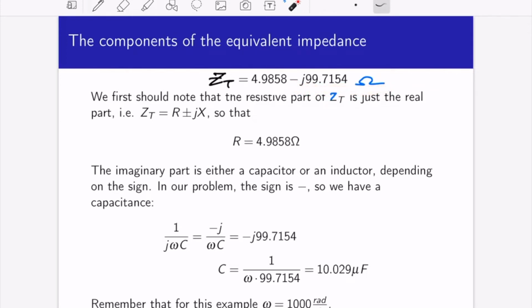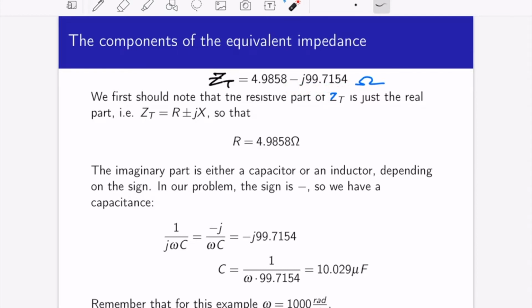If it were an inductor, it would be a positive value, because the impedance of an inductor is j times omega times L, which would be j times a positive number. A capacitor is going to be 1 over j omega C. The j in the denominator becomes a minus j in the numerator, and so you'd end up with a negative value. So that's the rule, if you need to remember it. If this is positive, it's an inductor. If it's negative, it is a capacitor.